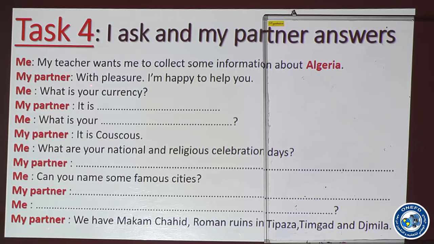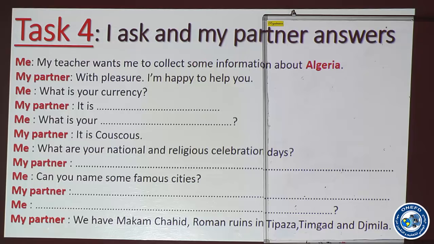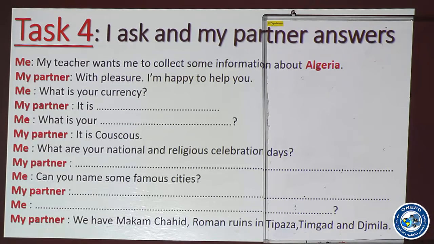My partner: With pleasure. I'm happy to help you. Me: What is your currency? My partner, try to answer. It is... Me: What is your national dish? My partner: It's couscous.